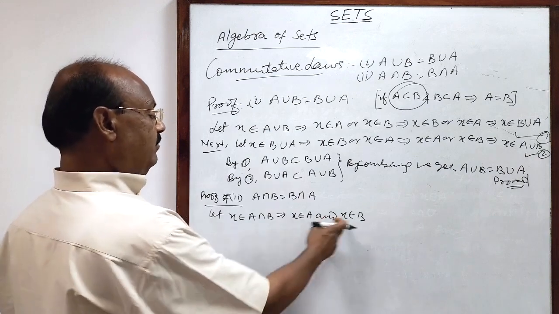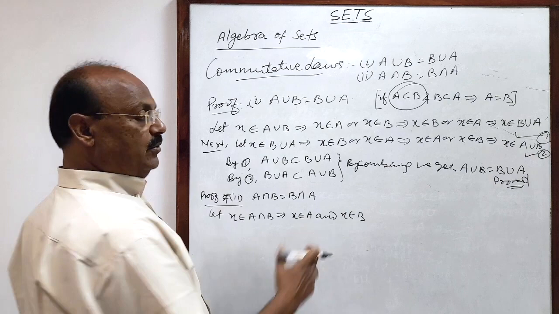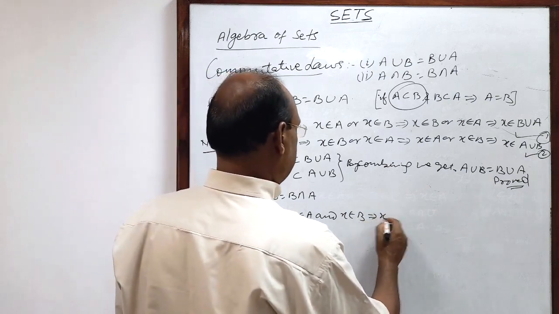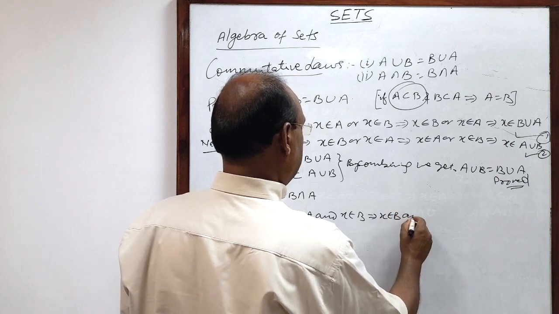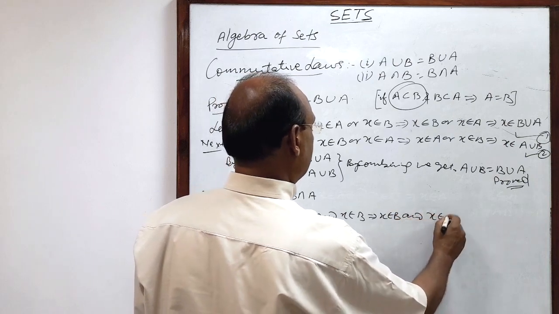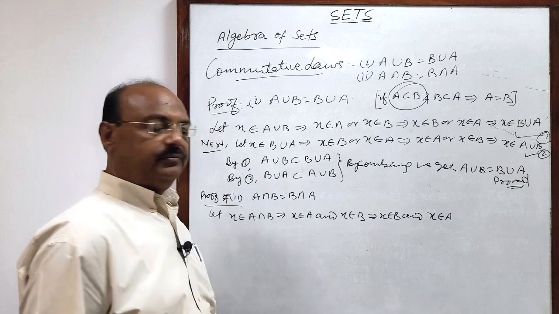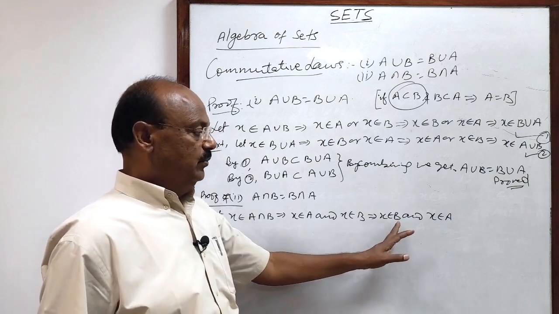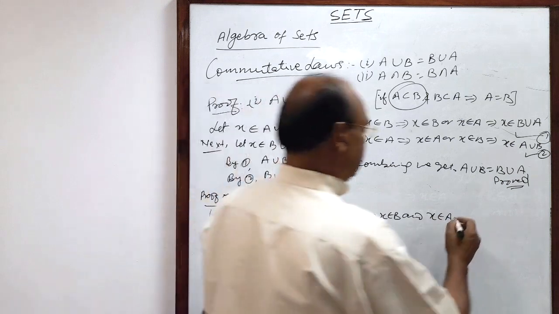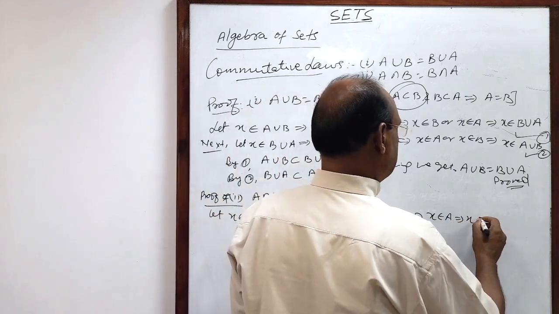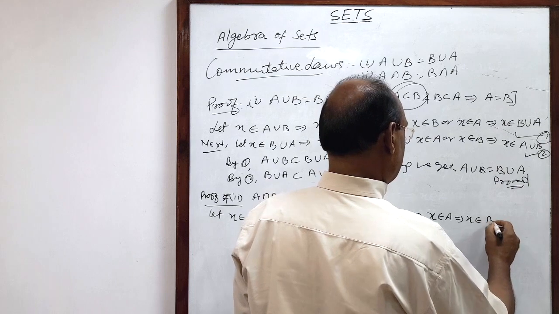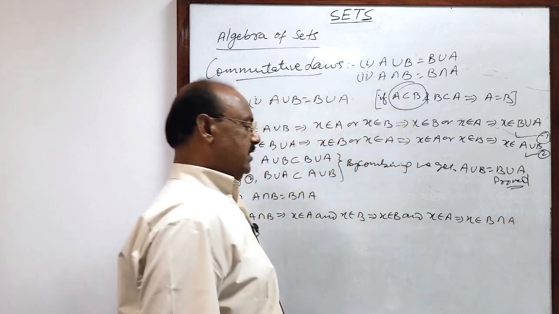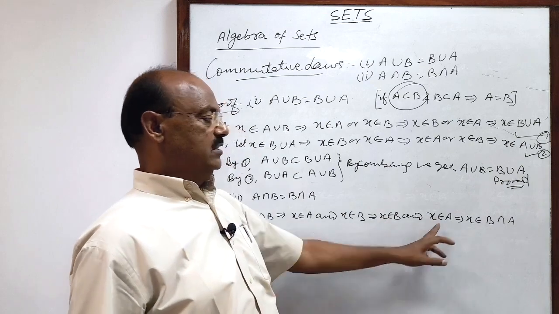And this order may be reversed; there will be no effect on the result. So this implies that X belongs to B and X belongs to A. Correct? And if X belongs to both B and A, then this implies that X belongs to B intersection A, the intersection of both the sets, because X is common in both the sets.